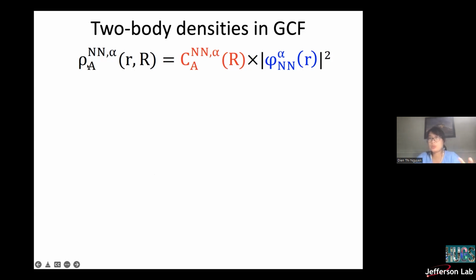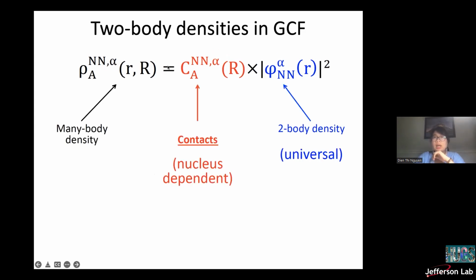A represents the different nuclei. We can write it in terms of C and the phi, the blue term here. This is the many-body density, and this C term we call the contact. This is why the model is named the contact formalism.